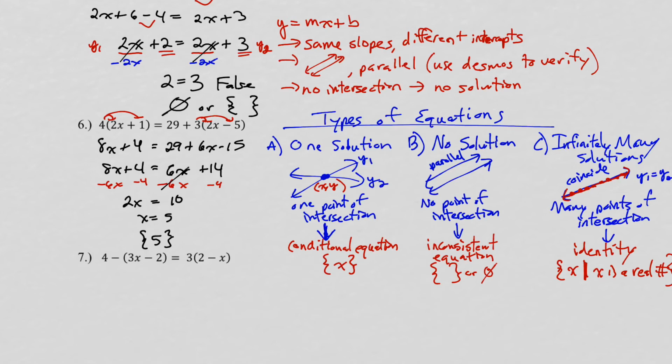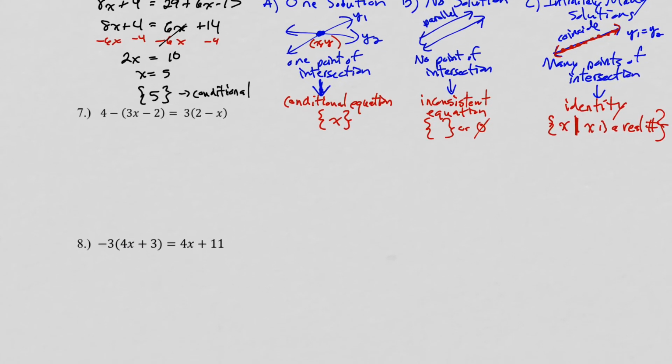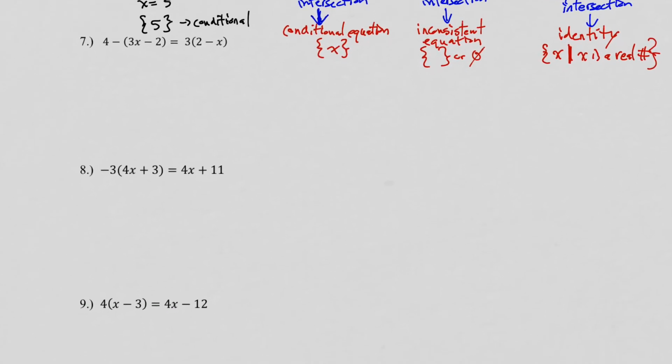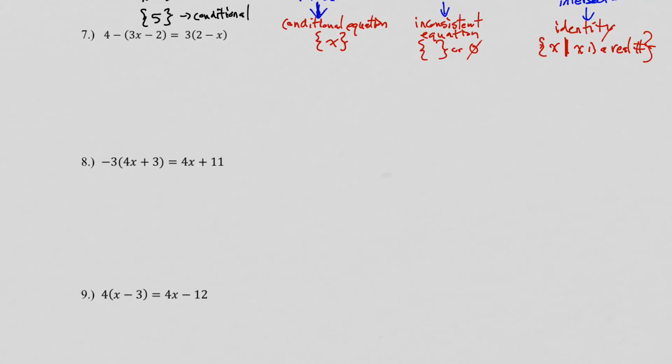So that would be a conditional equation, just in case it asks you for that. That's just a normal scenario. The one I was talking about was actually number 7. Let's see what you get for number 7. Go ahead and pause and see what you get.